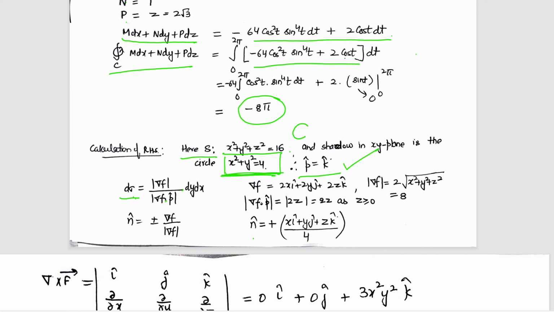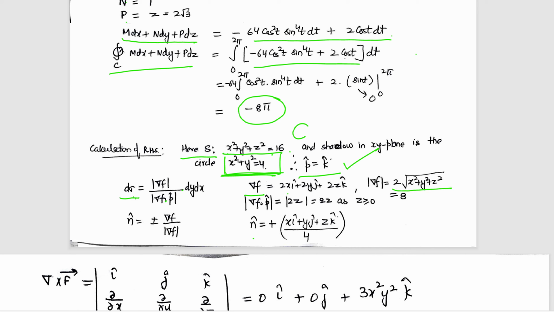So we have p cap, and what is the gradient of f? f is this surface bounded by the curve C, so the gradient of f will be equal to the derivative of this surface with respect to x, y and z. So we get gradient of f equal to 2xi + 2yj + 2zk. Now what's the magnitude of the gradient of f?